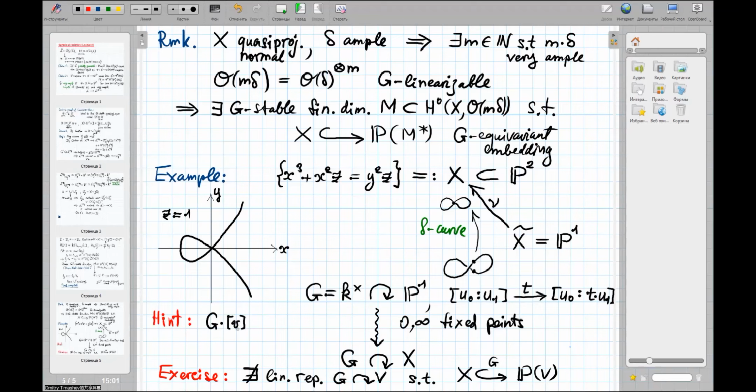So you take a vector in V, you take the respective point in the projective space, and you close up the orbit of this point. So prove that this orbit has two fixed points. If you prove this, then you can easily derive the statement of this exercise.